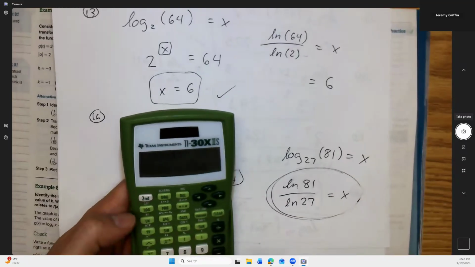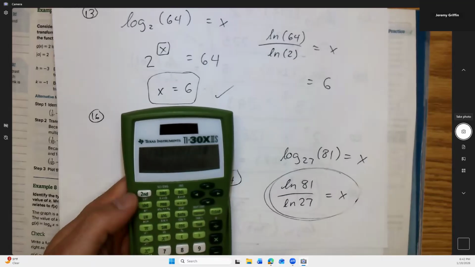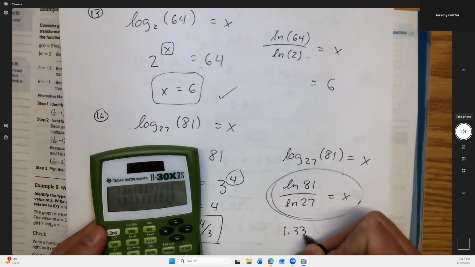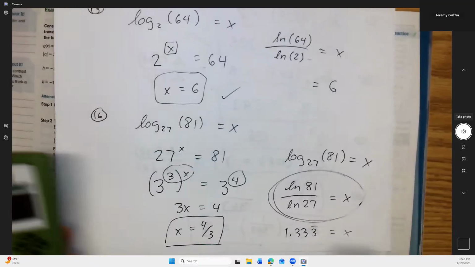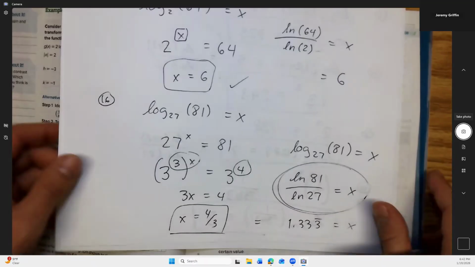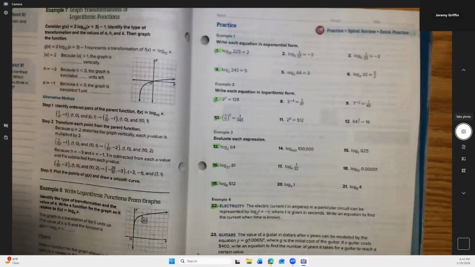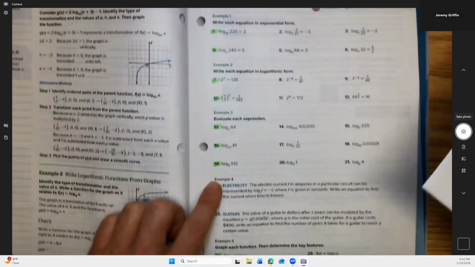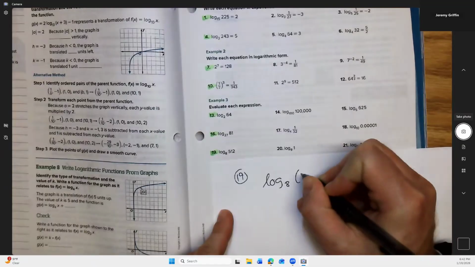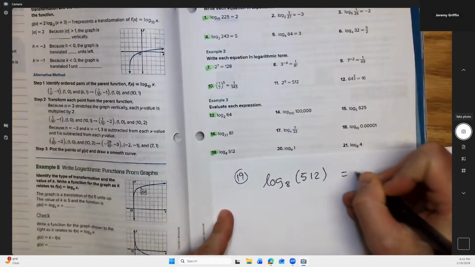Natural log 81 divided by natural log 27, 1.333, which is 4/3. Check. Oh yeah, win. So 16, 19. Log base 8 of 512. Hmm.